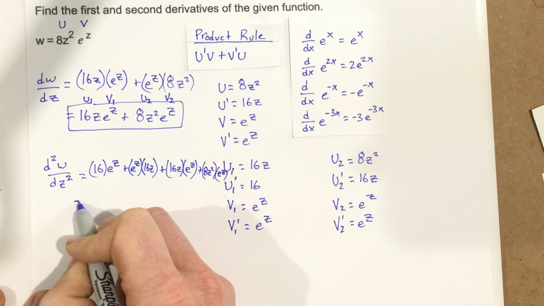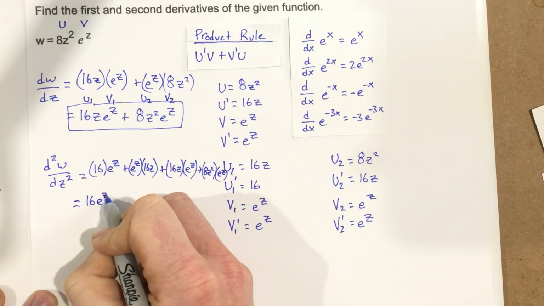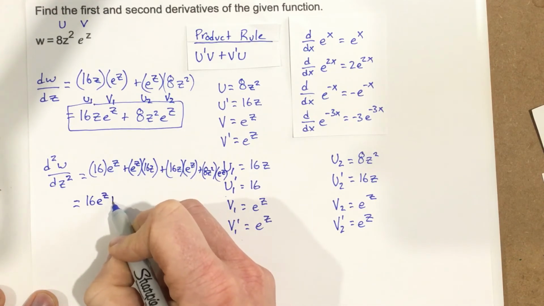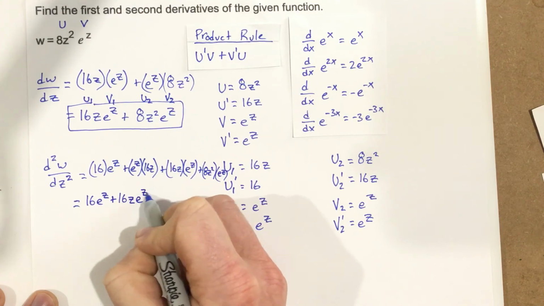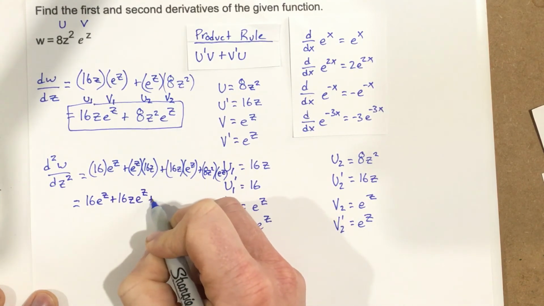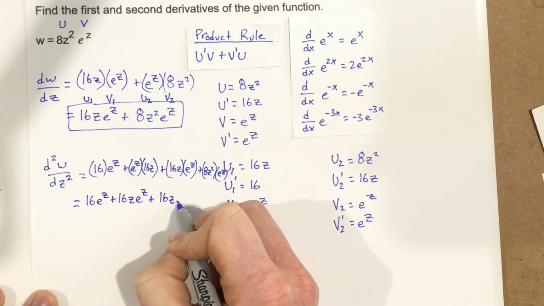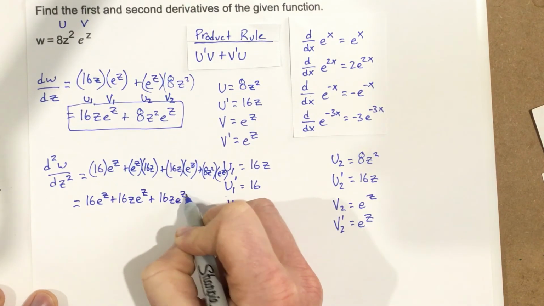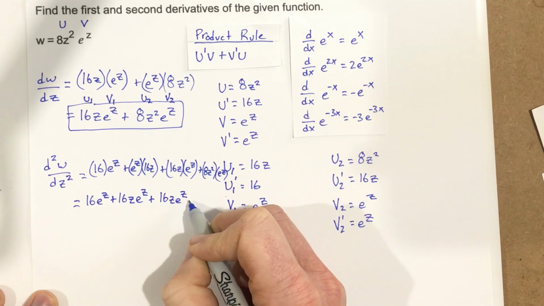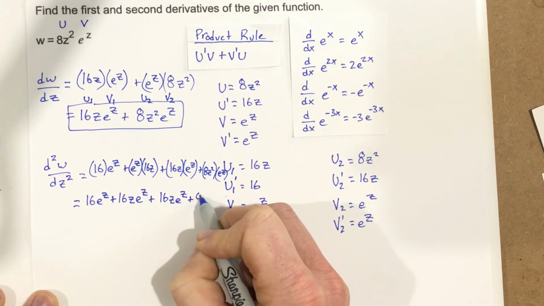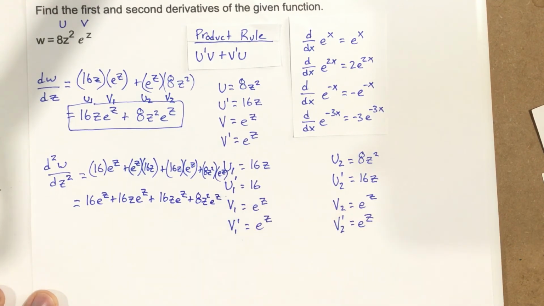When we multiply those together, this is 16e to the z plus 16z e to the z plus 16z e to the z, and then we end up with plus 8z squared e to the z.